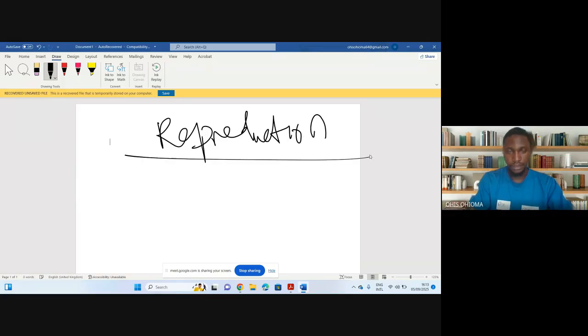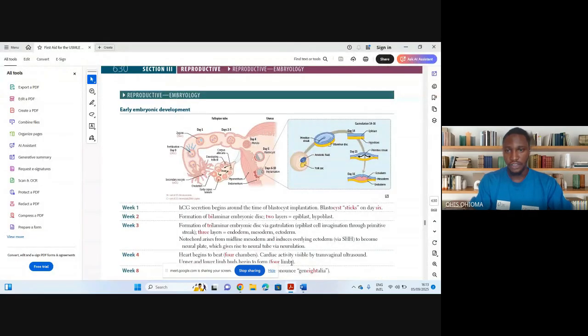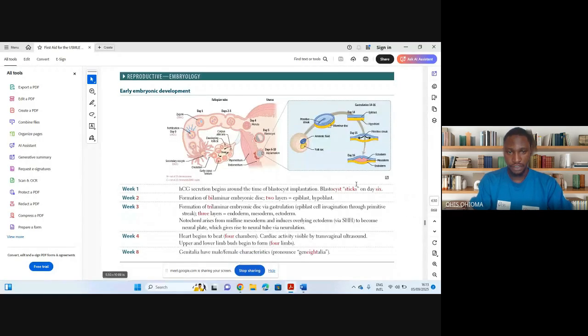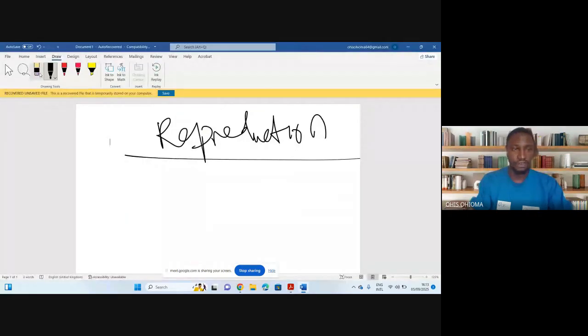Right. And so from this diagram here, it's kind of self-explanatory. But what I just want you guys to focus more on is this part of the table. There are very key events and very high yield things you need to know. The first thing is that in the various weeks, a lot of events happen from the first week after fertilization.